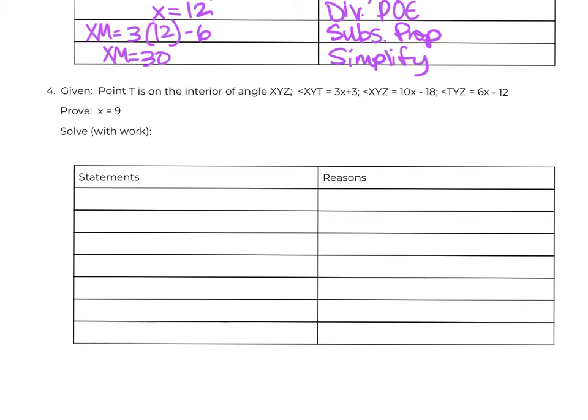Okay, so let's go ahead and check in what we got here. So angle XYZ was the big outside angle. And it says T is on the interior. So just somewhere inside, I'm going to connect out to T. Then label XYT, that would be the top angle here, is 3x plus 3.